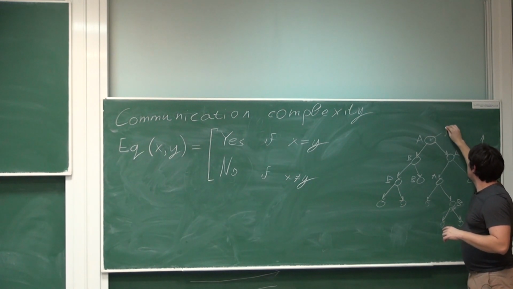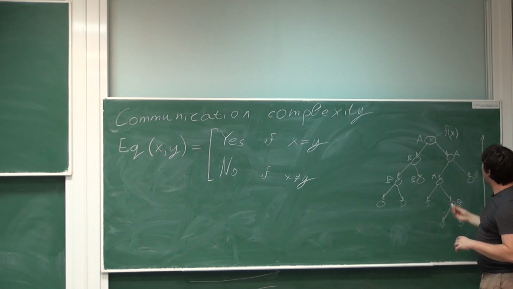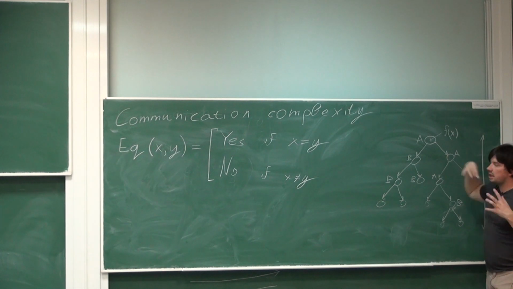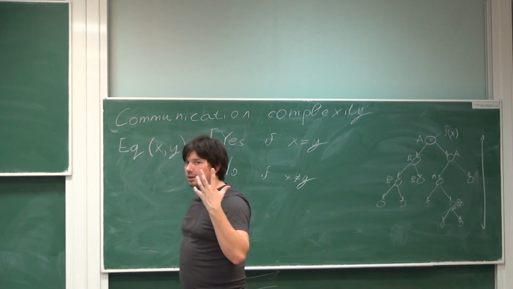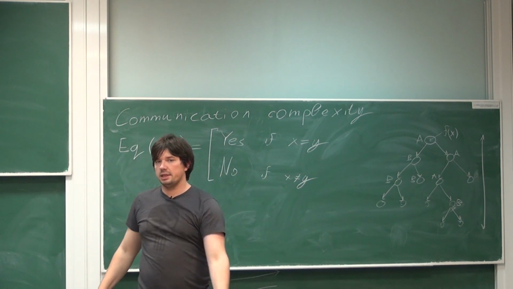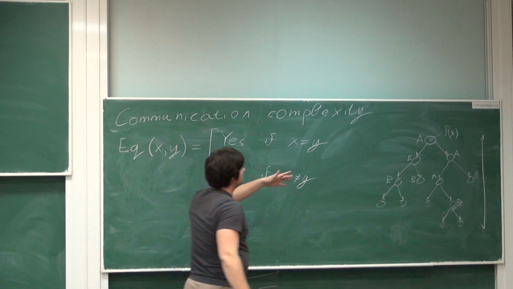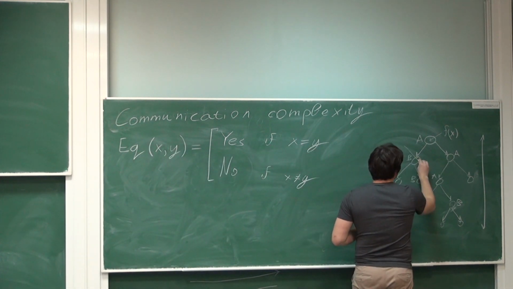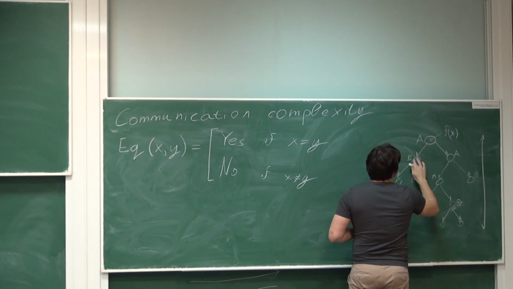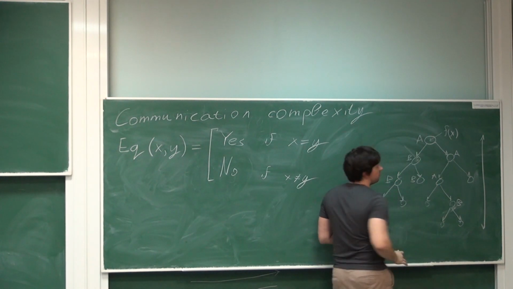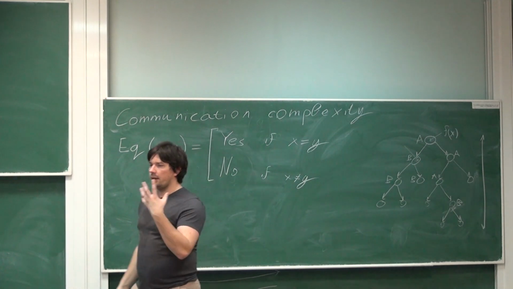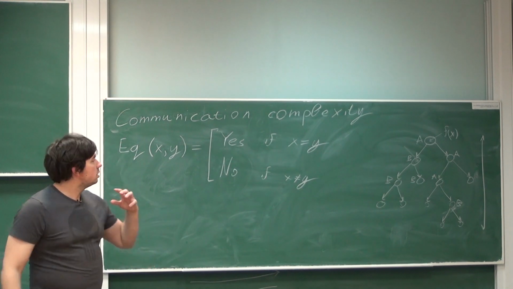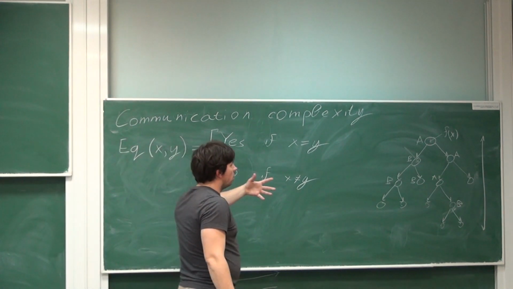So this is like a function f of x, which tells us what is the first message of Alice. So then we also have similar functions in every node. So in every node we have a function that tells us what is the message by the player who owns this node.